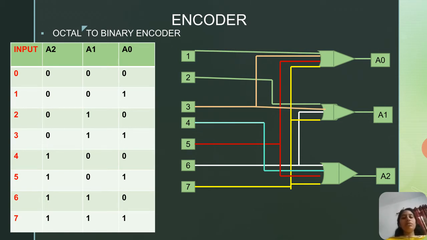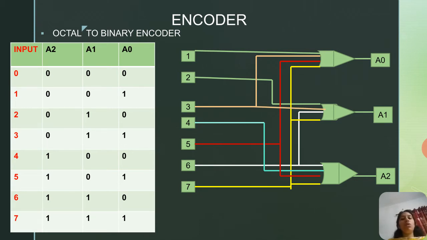So this truth table has to be implemented in a circuit representation. In that circuit, we can represent from 1 to 7 only, because 0 gives the result 0 in all the outputs, so it doesn't require representation of 0 in the circuit.